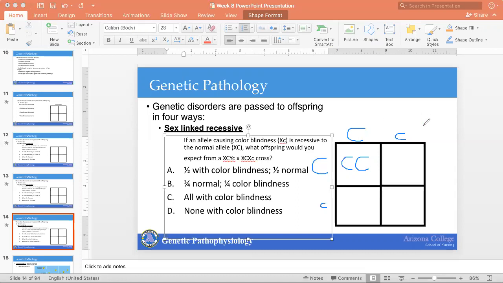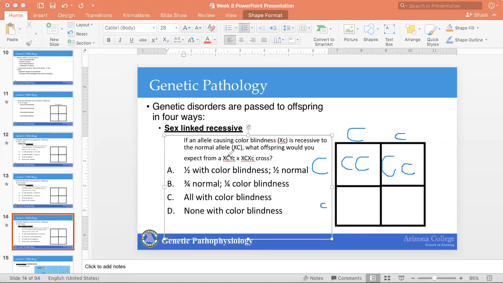So if we have this next person with an uppercase C and a lowercase c, this person, it depends on where the combination is coming from.